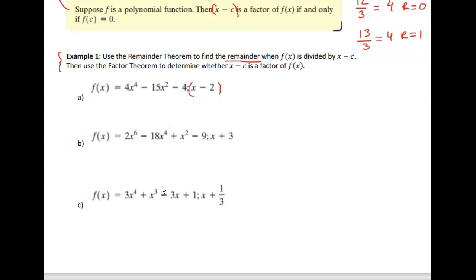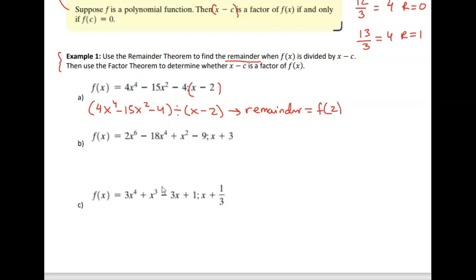If I divide f of x, 4x to the 4 minus 15x squared minus 4, by x minus 2, the remainder is equal to the function evaluated at x equals 2.